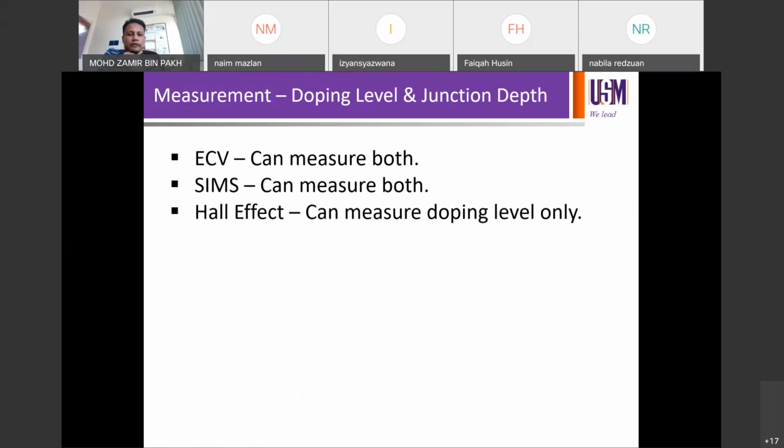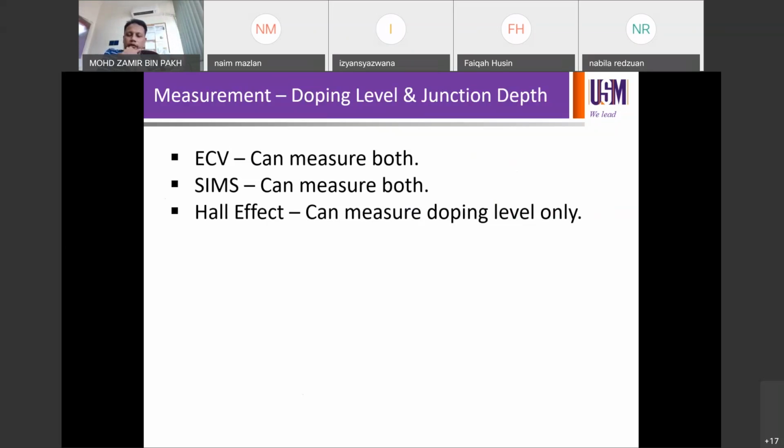On the other hand, you can use another characterization called Hall effect. Kita dah belajar Hall effect in this course, and in fact in the previous course as well, 386. But it can only measure your doping level, it couldn't show you the profile, right?